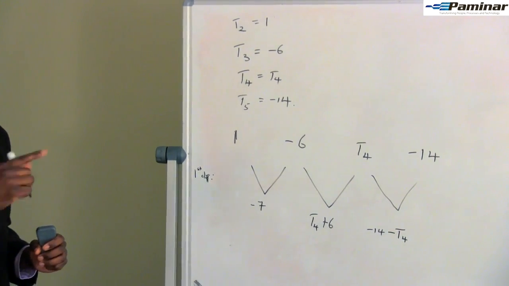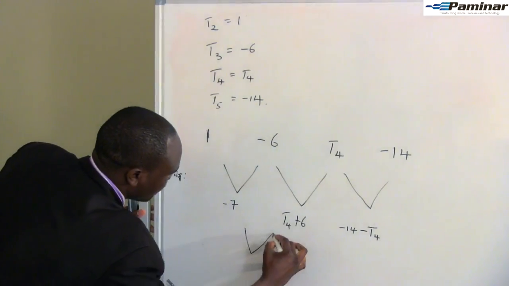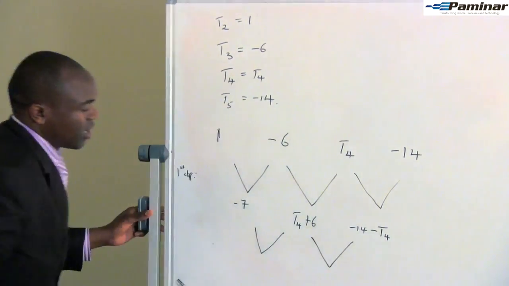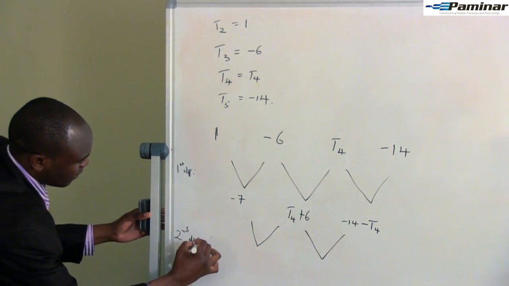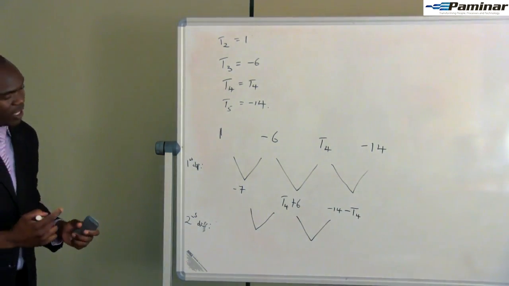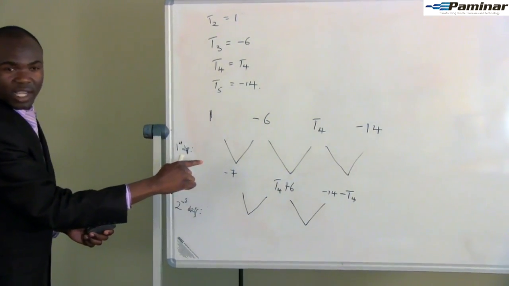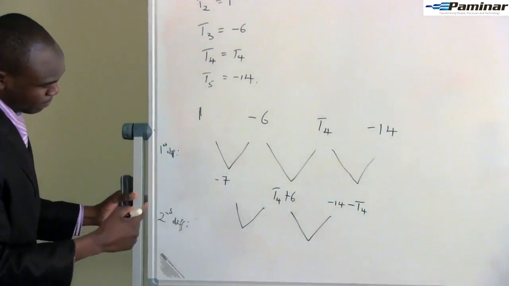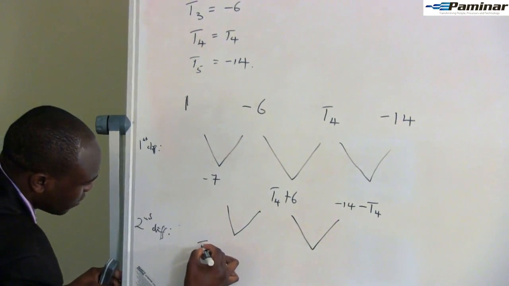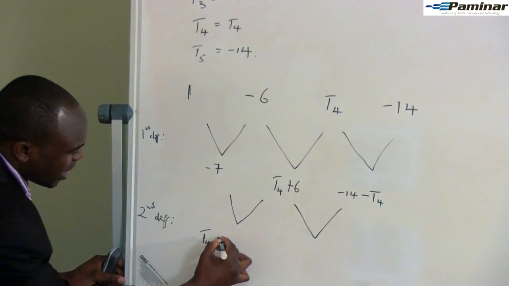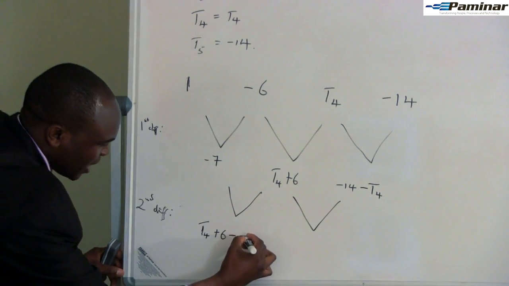But what are we required to do? The second difference. Now we do the same again. For the second difference we say this whole term minus the previous one. So we do T4 plus 6 minus -7.